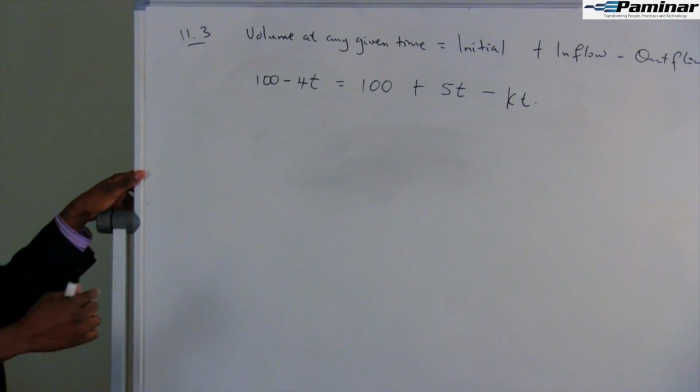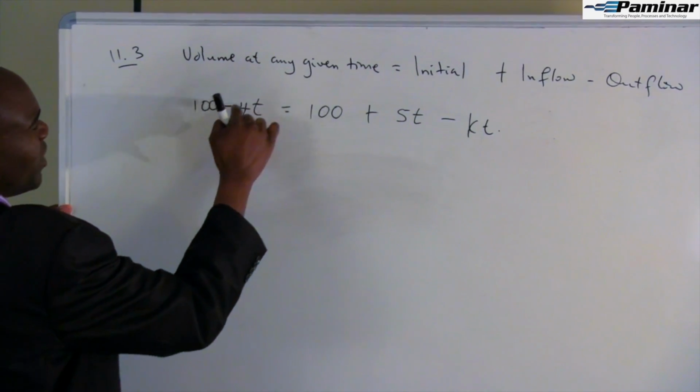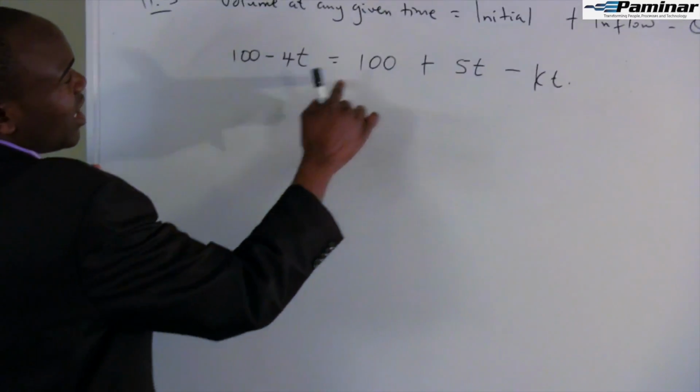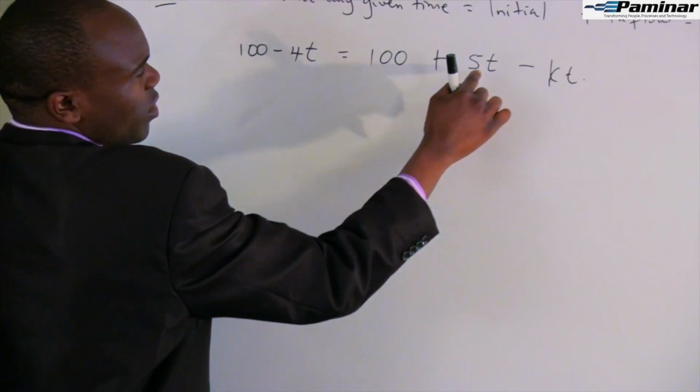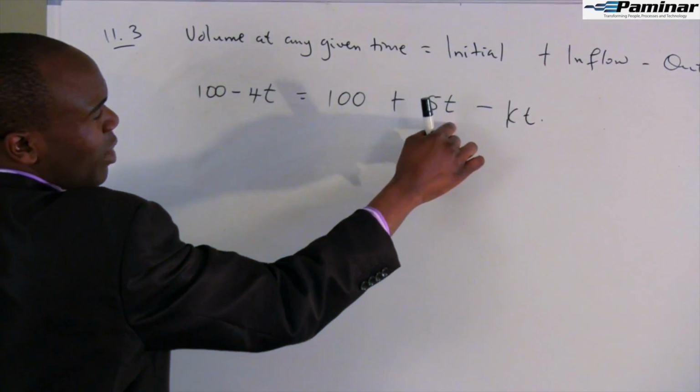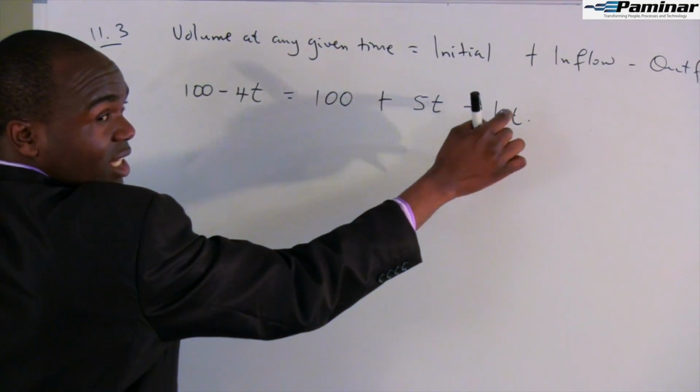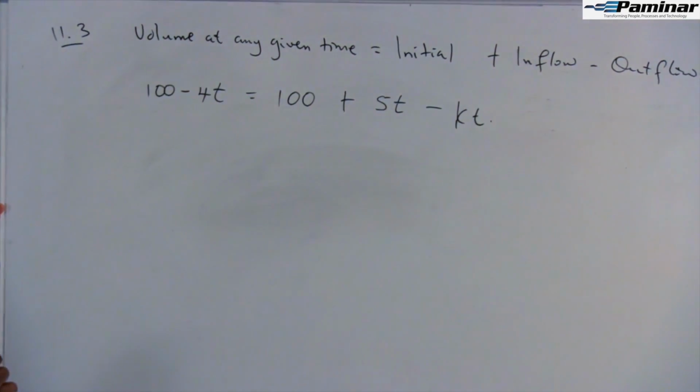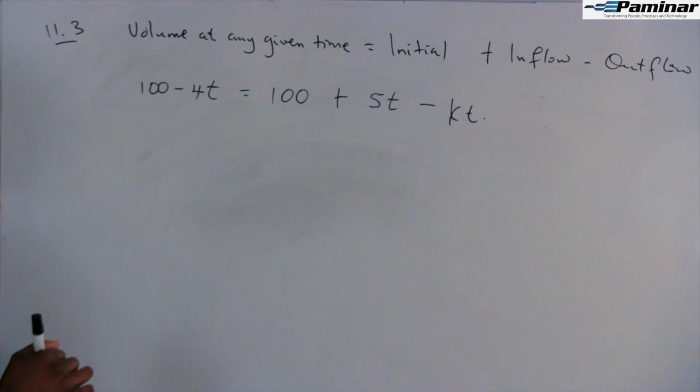Is it clear? The volume at any given time is given by this. Initial 100, inflow is 5t because it's 5 liters per minute, and then K liters per minute. Then we solve.